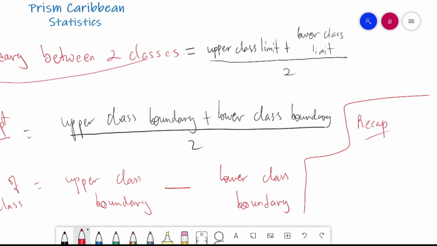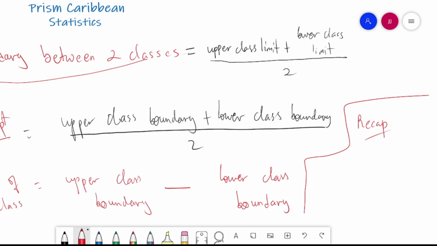For the midpoint, on the other hand, we are taking the upper class boundary and the lower class boundary, adding them together and dividing by 2. As for the width of the class, we are taking the upper class boundary and subtracting the lower class boundary.